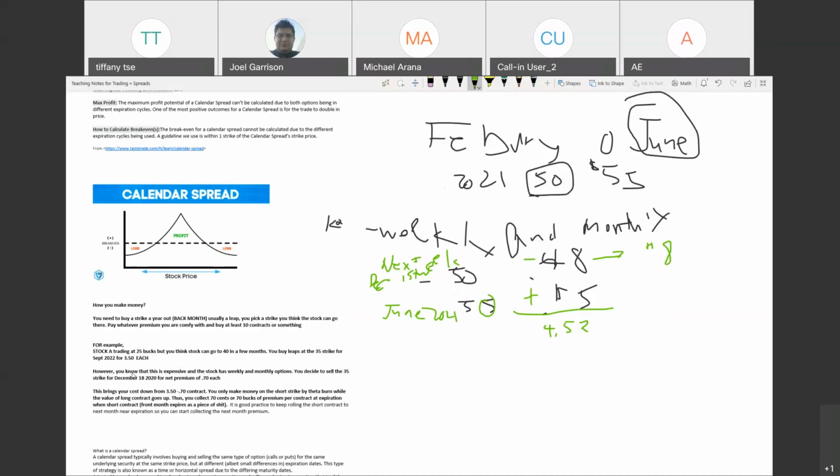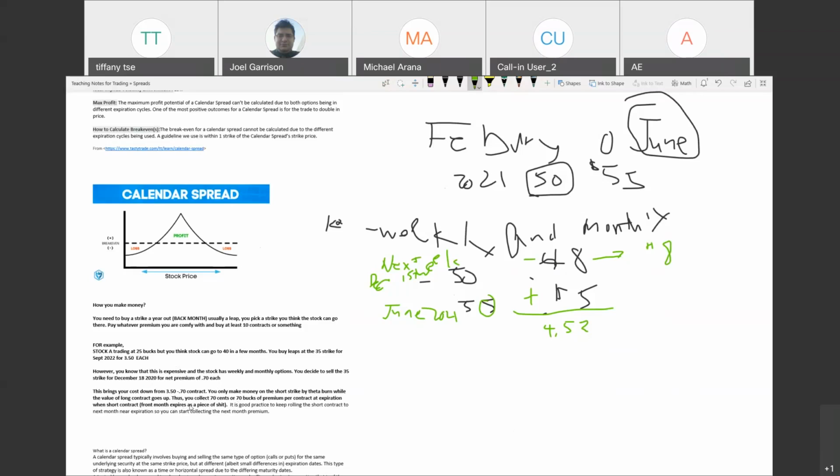However, you know this is expensive and this stock has weekly and monthly options. You decide to sell the 35 strike for December 18th, 2020 for a premium of $70 each. So thus it brings your cost average down and you make money by the short strike through theta burn as the value of the long option goes up.